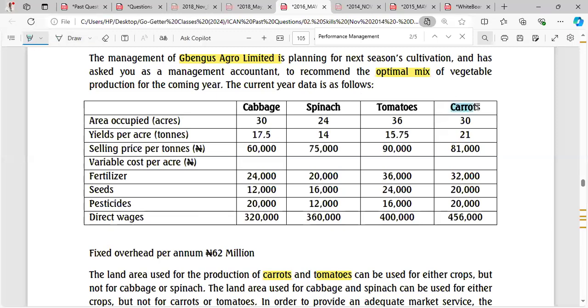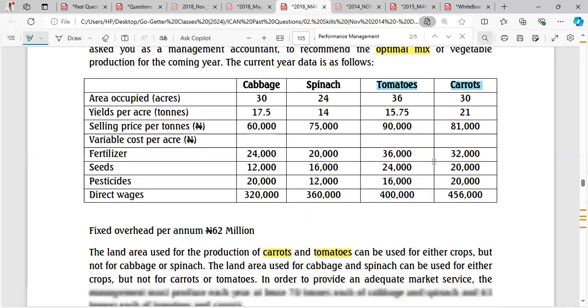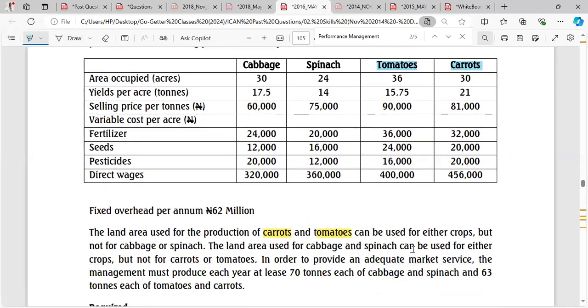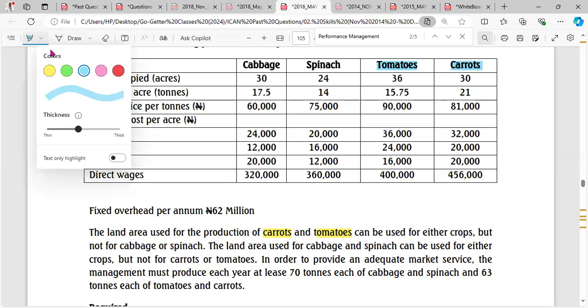Carrots and tomatoes belong to one side that can be used to plant either crop. So the tomatoes you plant here, you can also plant where you have carrots. If tomatoes will do better than carrots, you can plant tomatoes in that boundary of tomatoes and carrots, because you want to maximize.